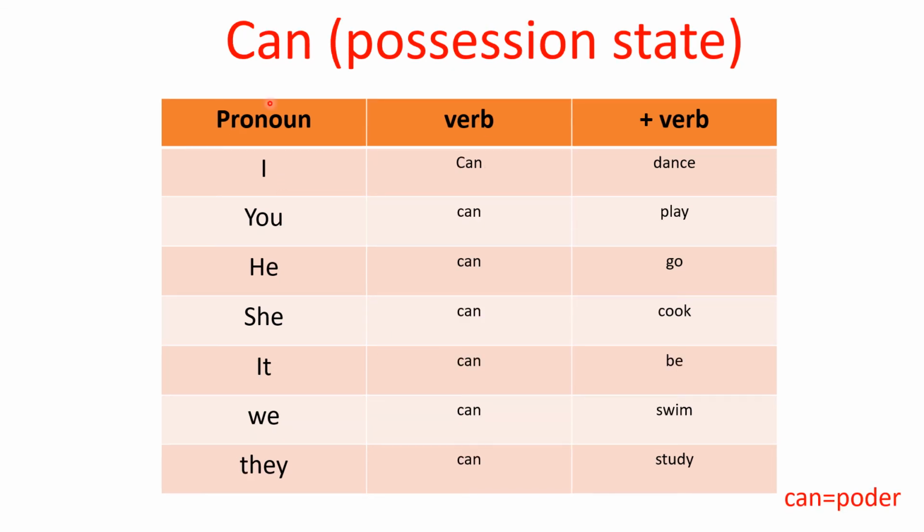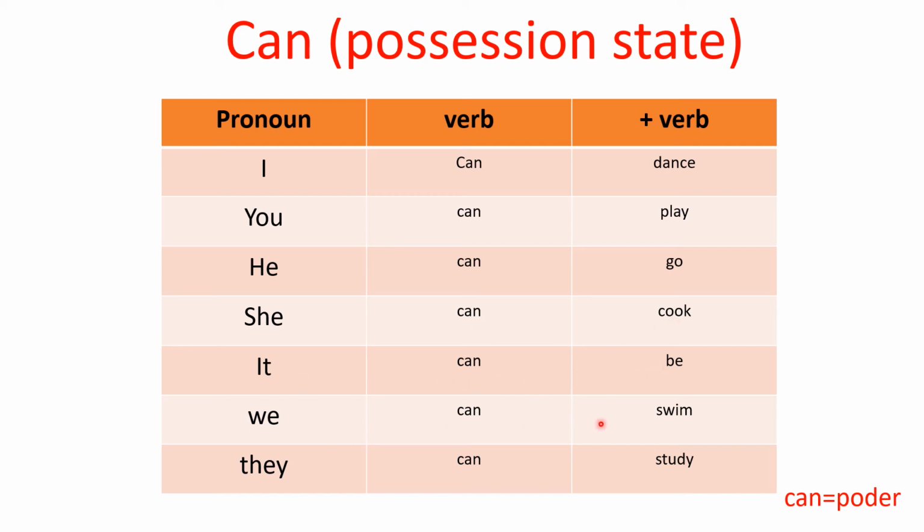Next verb, can. The meaning is here, can. It expresses an ability. Pronoun, I can dance. You can play. He can go. She can cook. It can be.